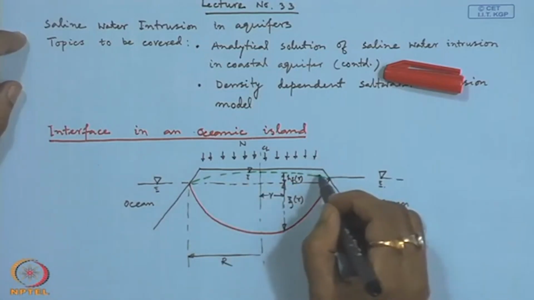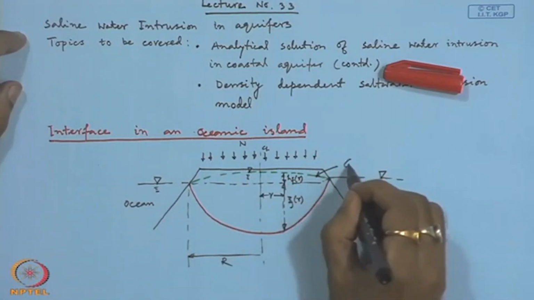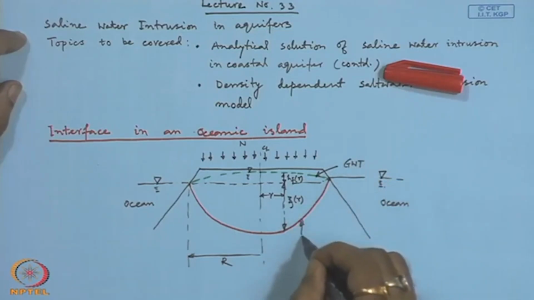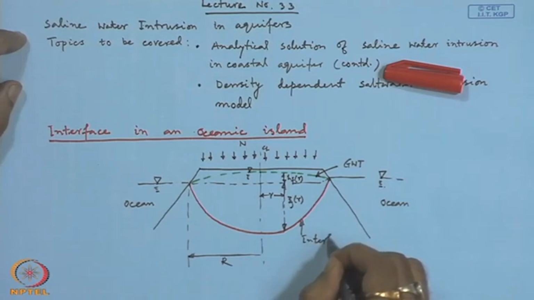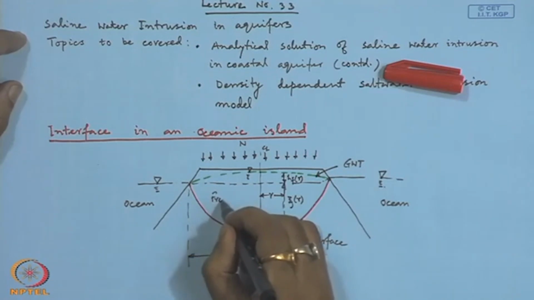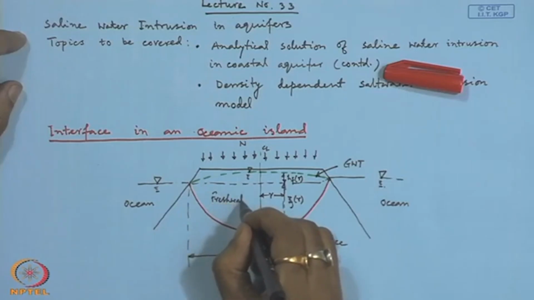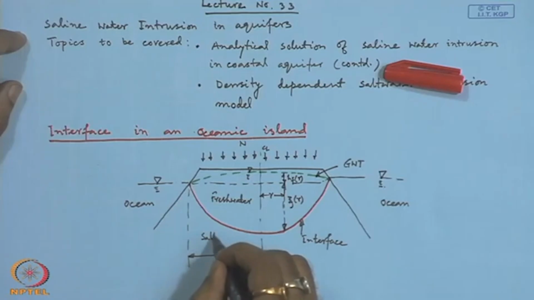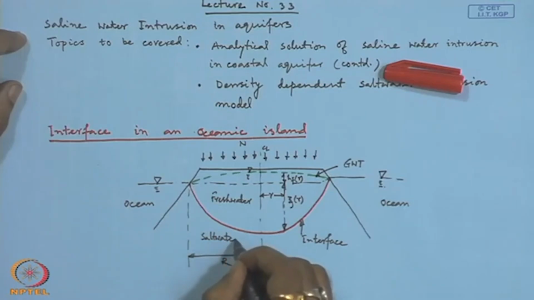So, this is our groundwater table, and this is location of interface, and this is location of fresh water, and we have salt water in this position.